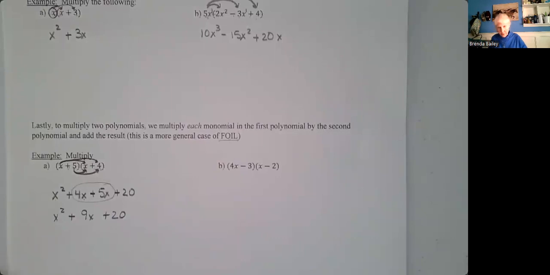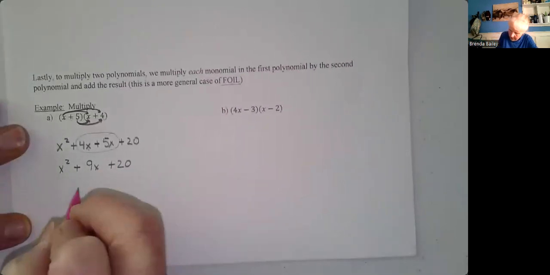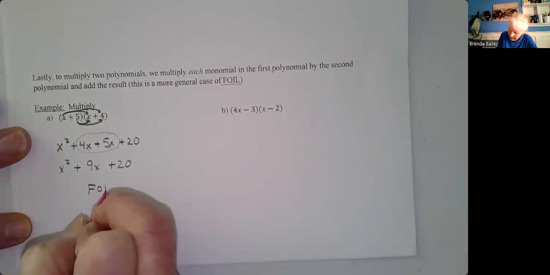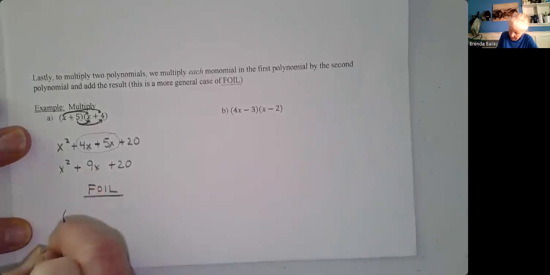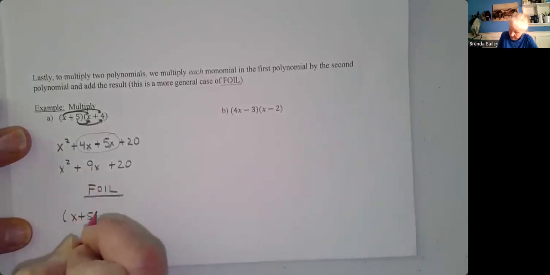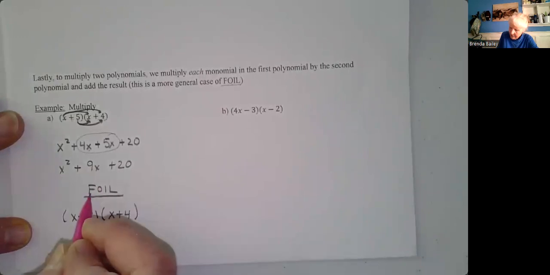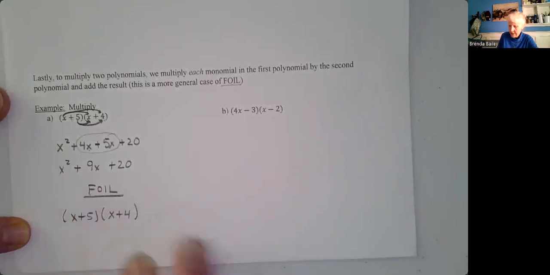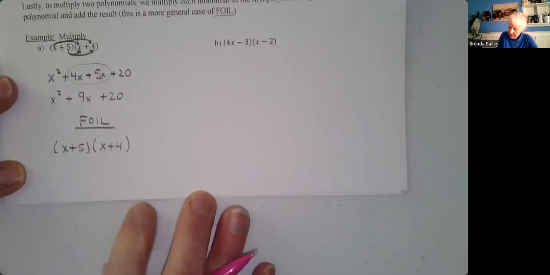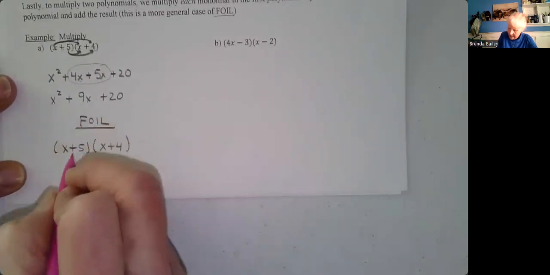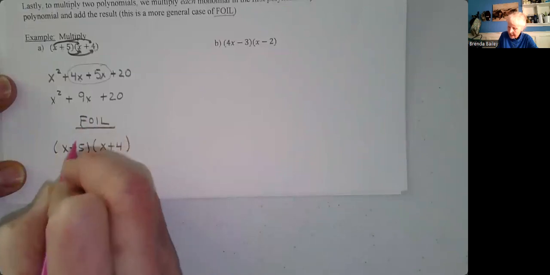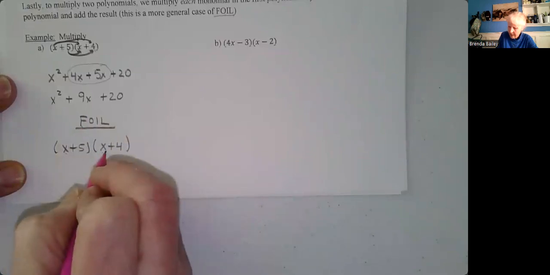But let's use the FOIL method real quick, just so that you're a little bit familiar with it. The F stands for the first times the first. So we're going to take x times x, the first in each of the parentheses.